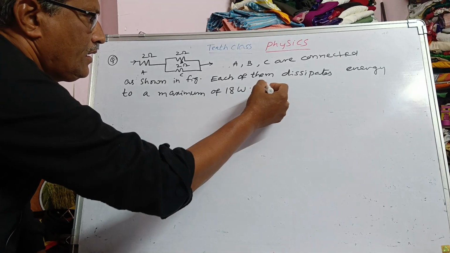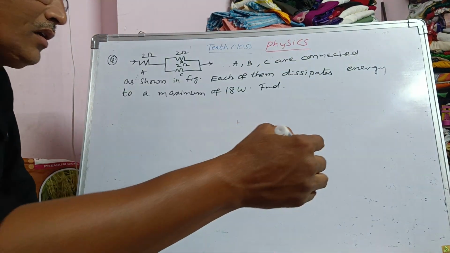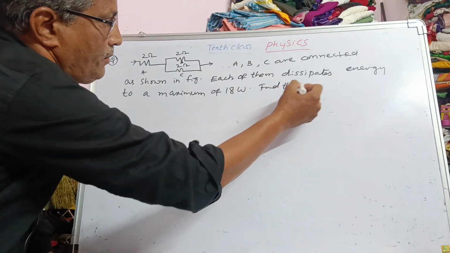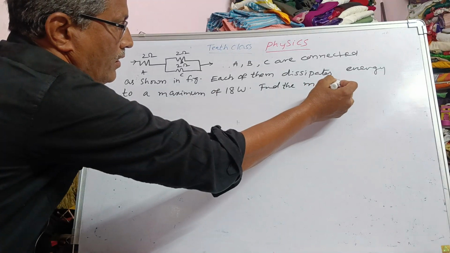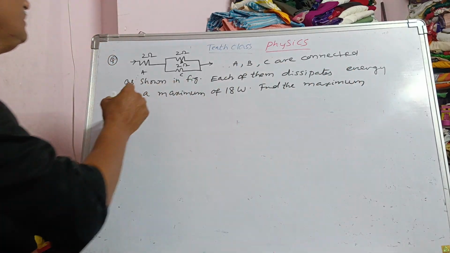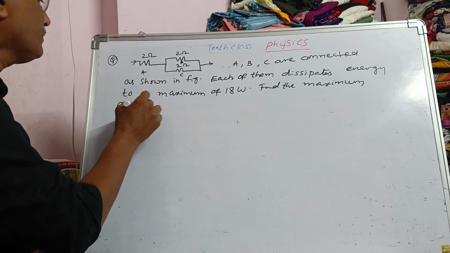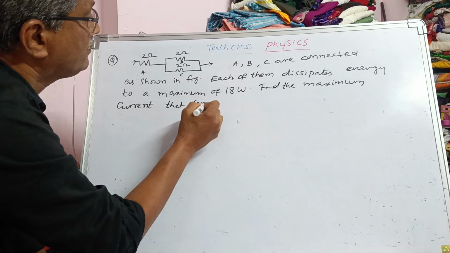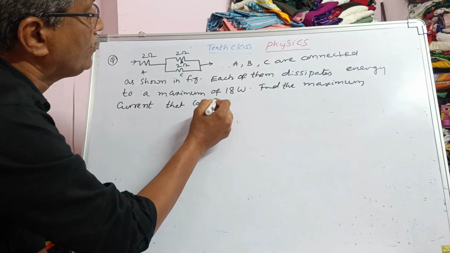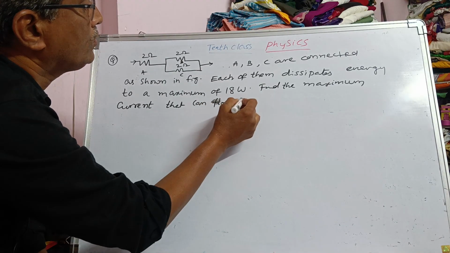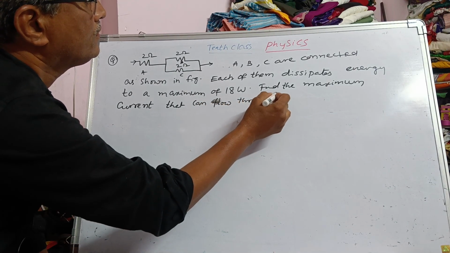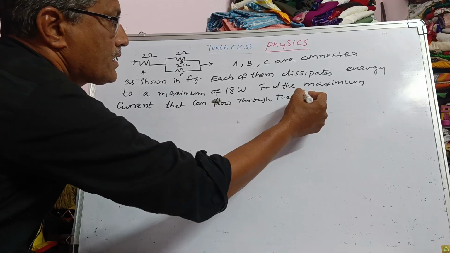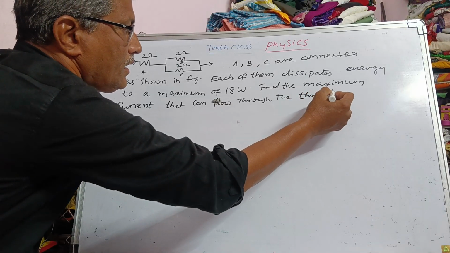Find the maximum current that can flow through the three resistors.